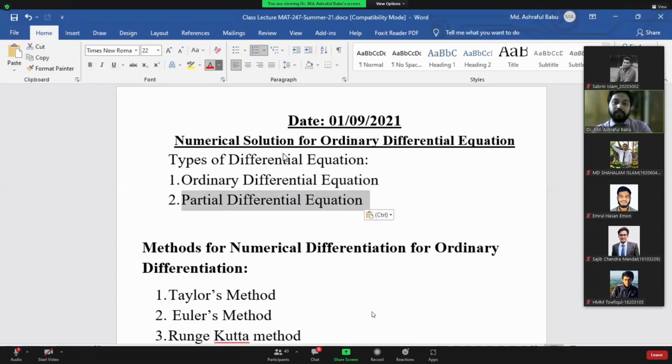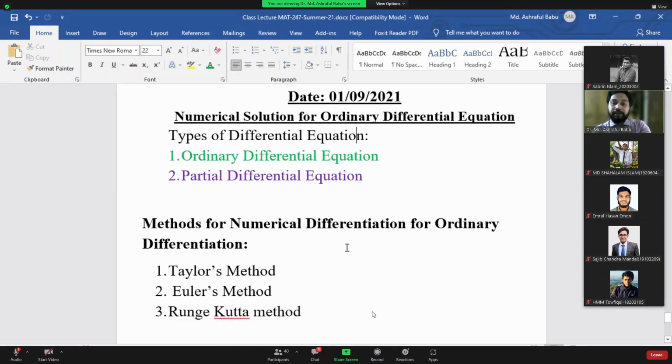In this course, we can only solve ordinary differential equations, not partial ones. We cannot solve those at this moment; that is for another course. So, methods for numerical differential equations.